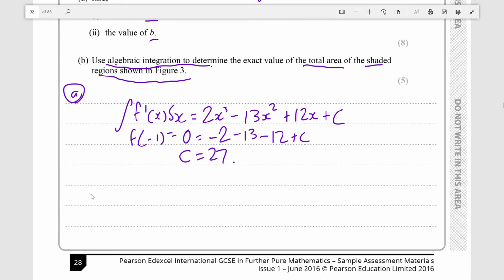Therefore, the full expression for f(x) is equal to 2x cubed minus 13x squared plus 12x plus 27.